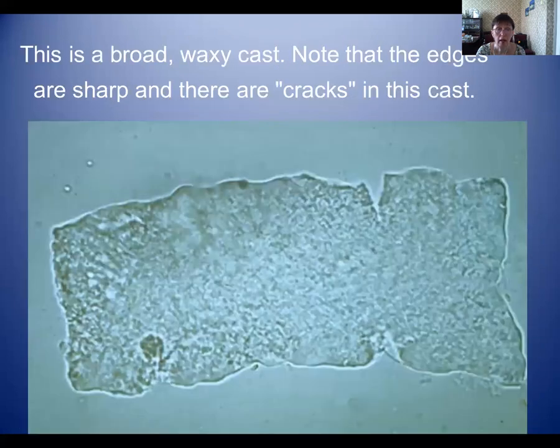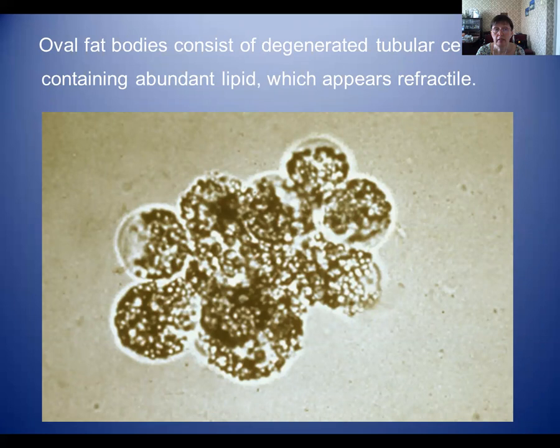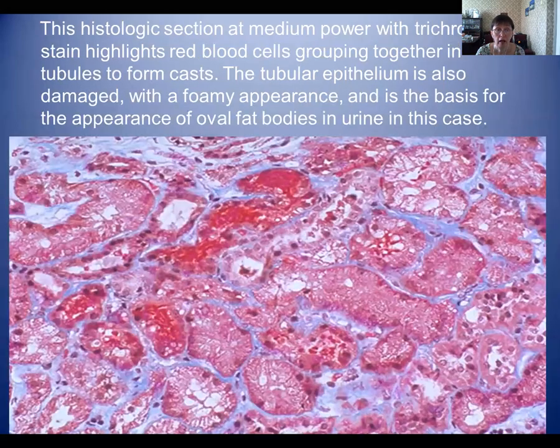And here we see a broad waxy cast which is specific for nephrotic syndrome. And also for such syndrome, it may be specific oval fat bodies that may be found during the microscopic examination of urine. And also to confirm our diagnosis of glomerulonephritis, we can make the biopsy of the kidney.